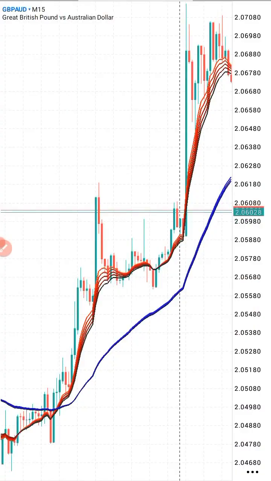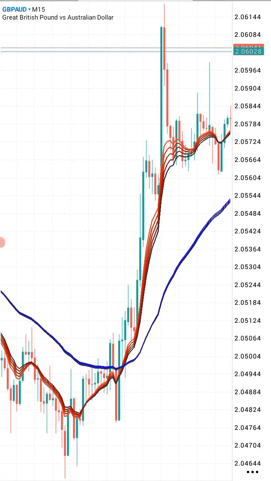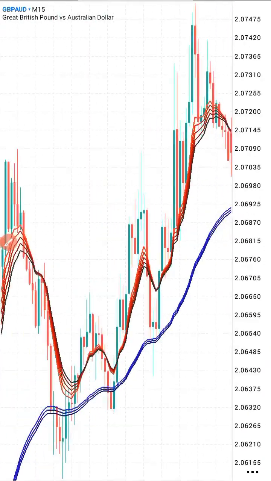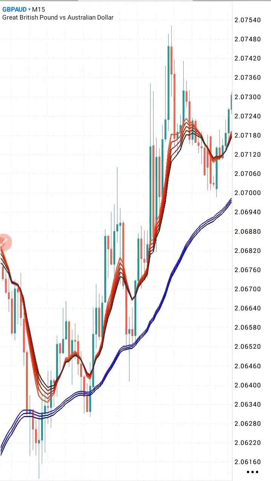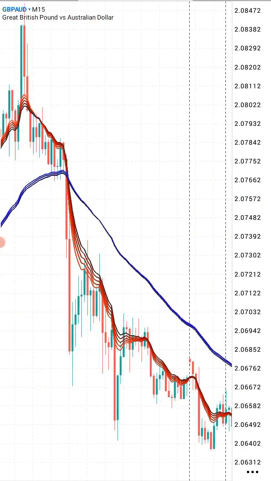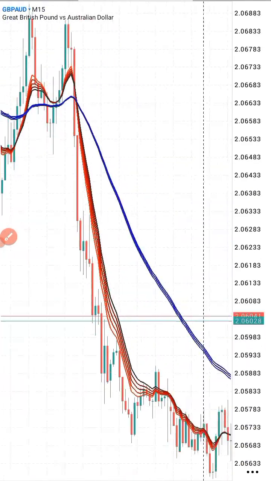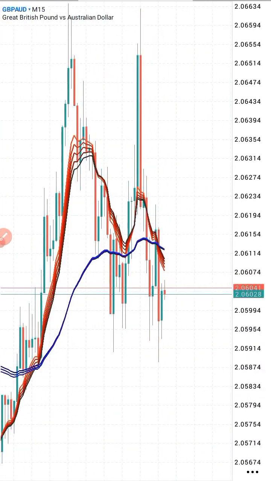This is what we call the moving average ribbon. So once there is a cross here, it is a sign. Once there is a cross, it is giving us a good chart pattern. Look at this particular cross. All of these are signs, they are signals. Once they are coming together, it's actually a sign.